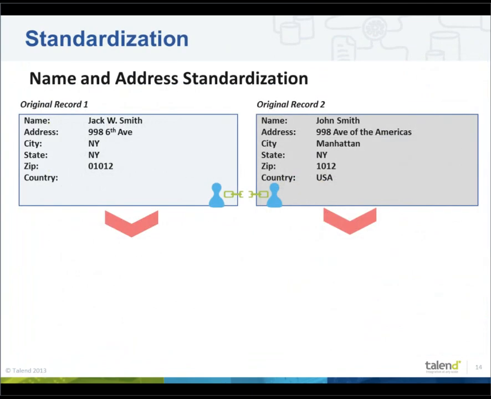Within standardizing, we'll talk about this quickly as well in the demonstration, you have the name and address standardization tool. This is a simple example of Jack Smith and John Smith with very different addresses. New York, Manhattan, zip codes are both a little messed up. Country's blank in one and has USA in the other.